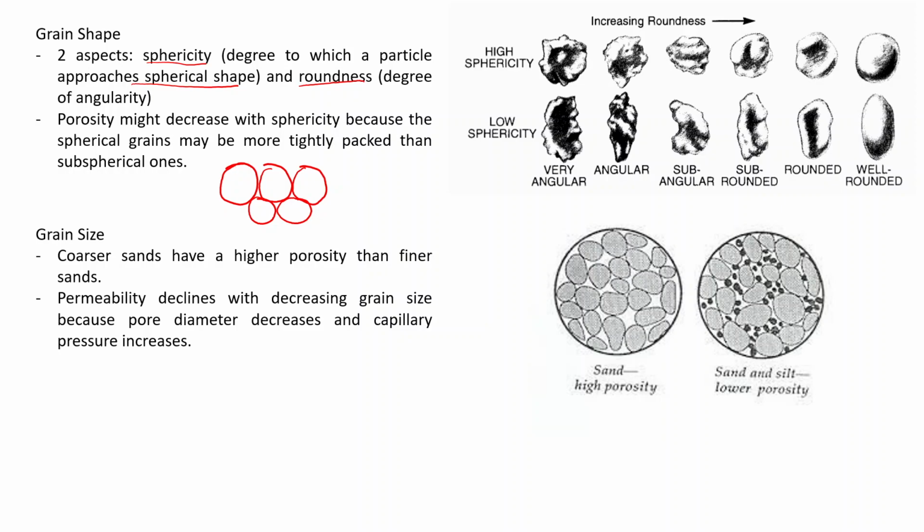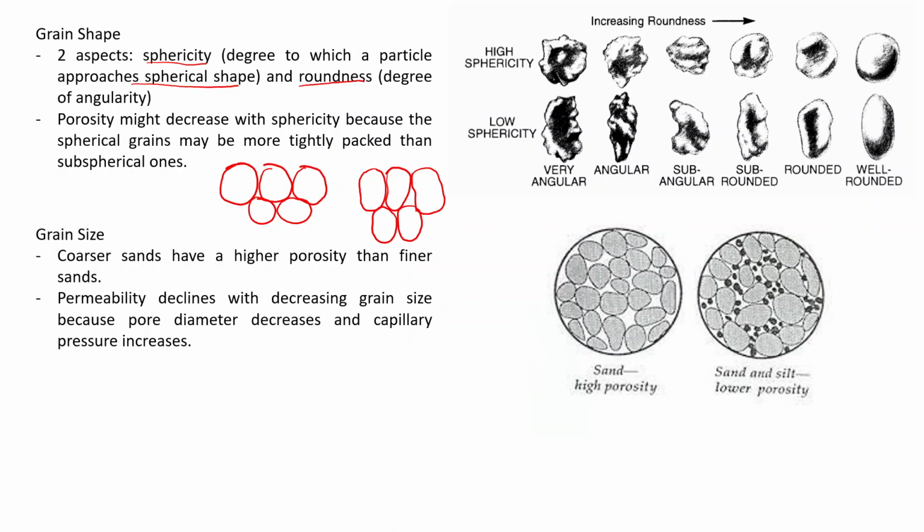But if the grains are rather less spherical or subspherical, then you may witness higher porosity in them. Okay, so this is very qualitative. And you can see here how increasing roundness and high and low sphericity have been explained in this diagram. So you should remember that porosity might decrease with sphericity. The more spherical the grains are, the lesser the porosity might be.